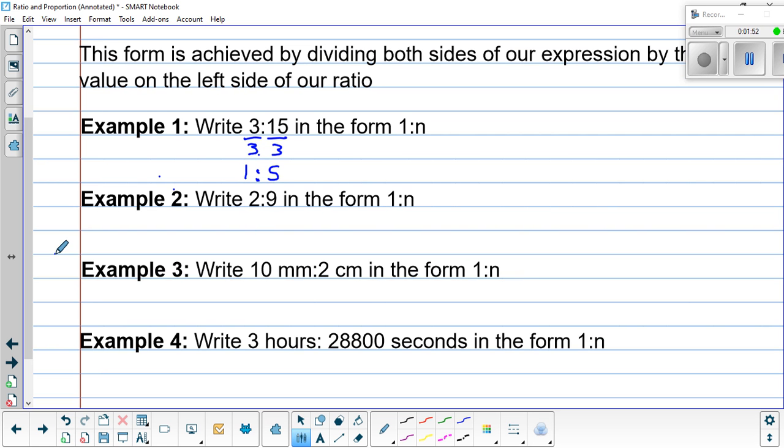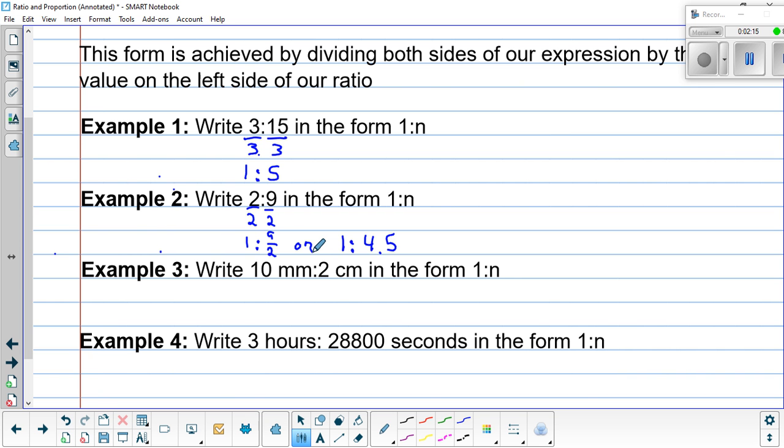So here, what are we going to divide by? Well, the leftmost number is 2. And so we can represent this as 1 to 9 over 2. So we can write that as 4.5. If you know it as a decimal, I would always write it as a decimal, just more proper.